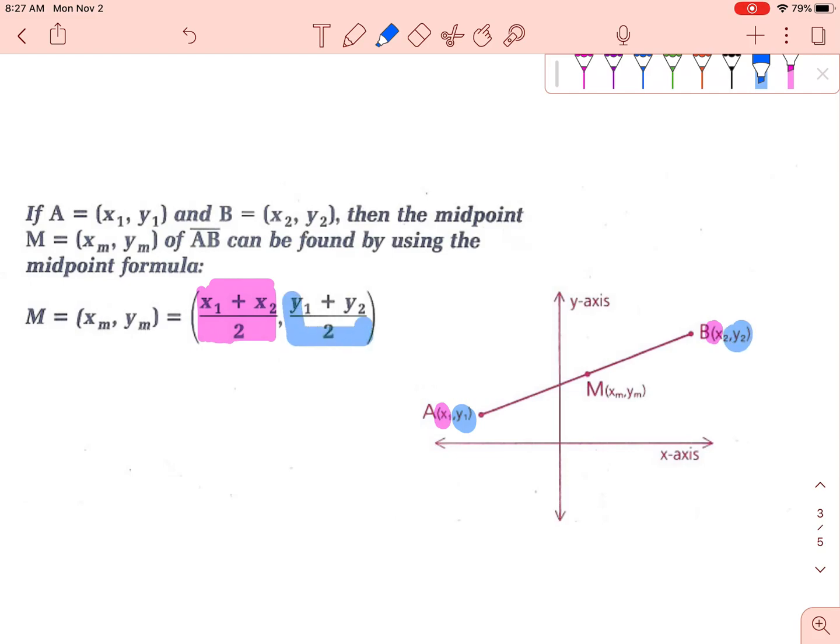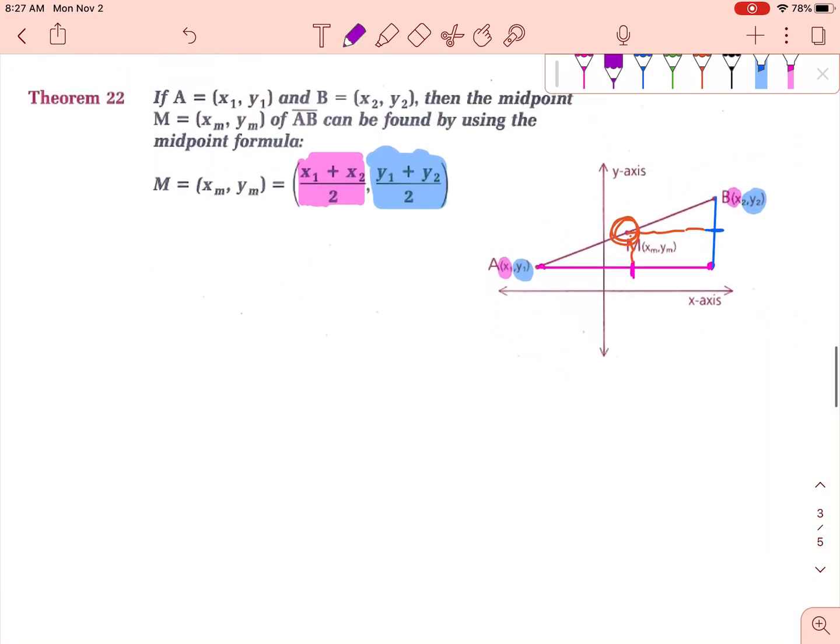You add the y values together, and you divide by 2. Okay, so what you're doing is finding the middle of these x's, then you're finding the middle of these y's, and where those two meet, that is your midpoint. You're finding the middle of the x's, and you're finding the middle of the y's.